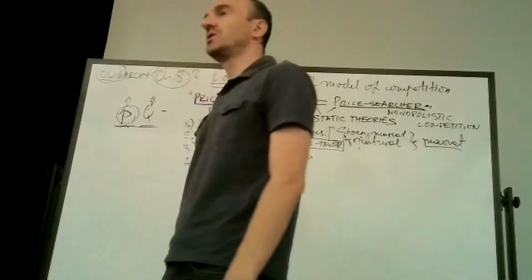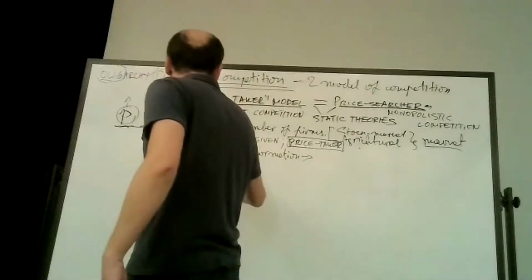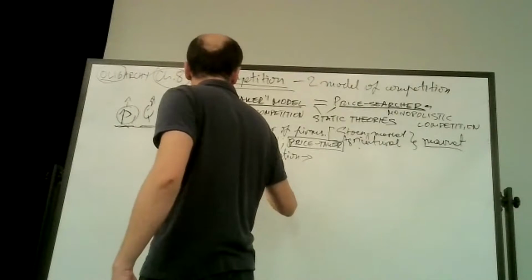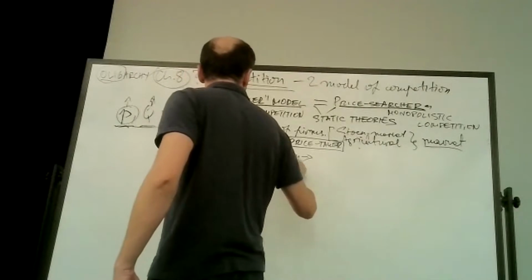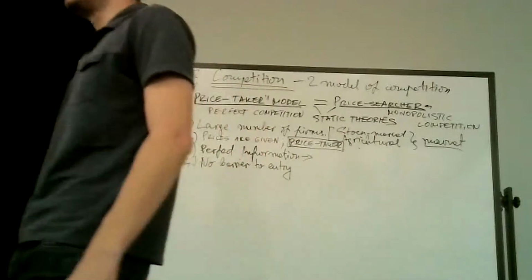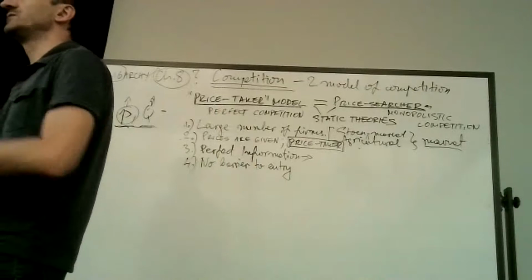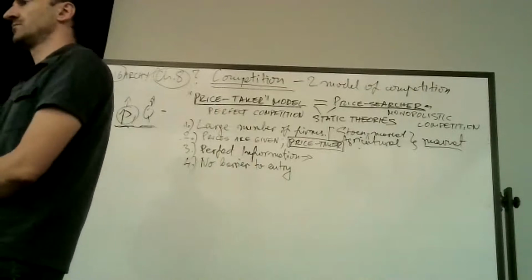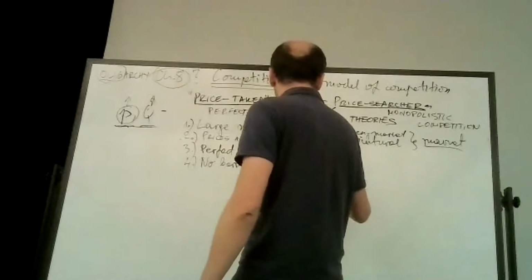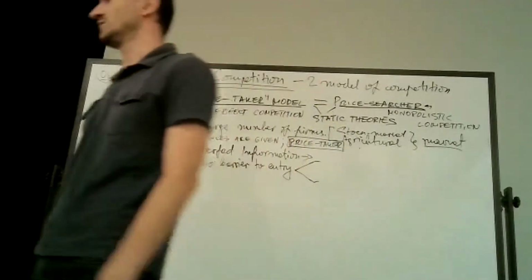The fourth principle here can be summed up as no barriers to entry. So what are barriers to entry? Those are impediments, obstacles to a new firm entering the market. So can you give me an example of a barrier to entry into a given business?